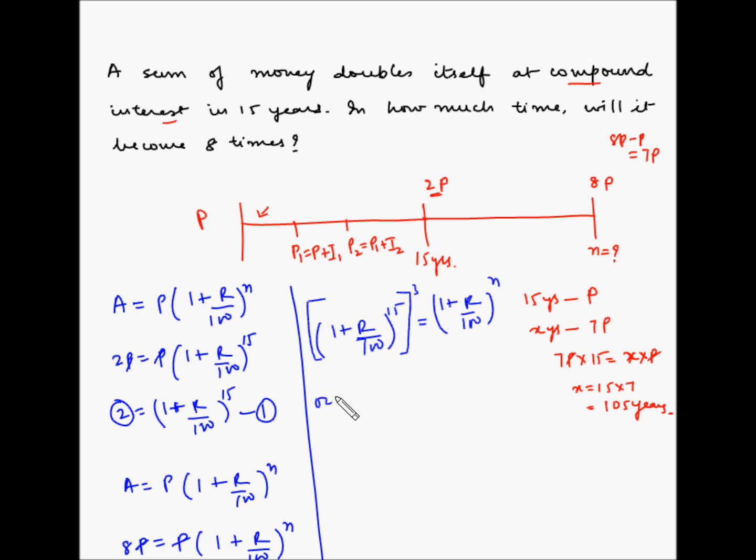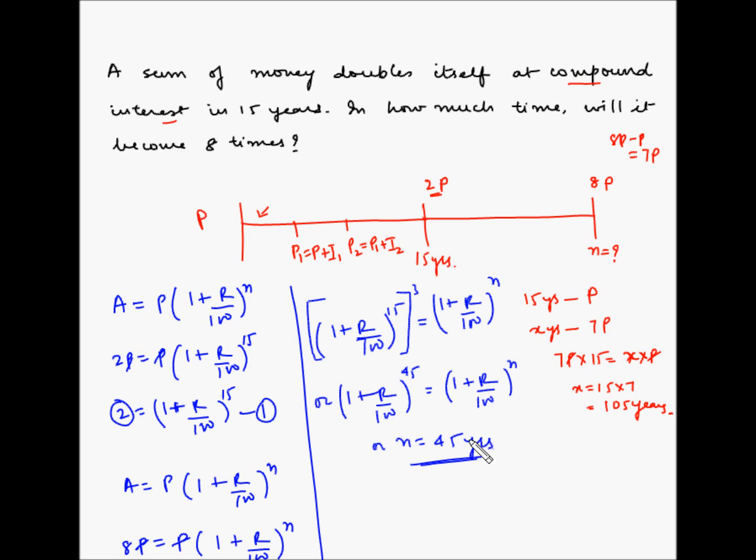So now this becomes (1 plus r by 100) to the power 15 multiplied by 3, which is 45, is equal to (1 plus r by 100) to the power n. So from this, 1 plus r by 100 is the same on both sides, so 45 is equal to n, or n is equal to 45.